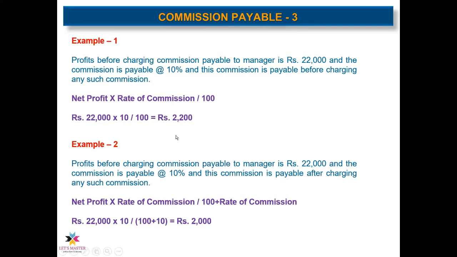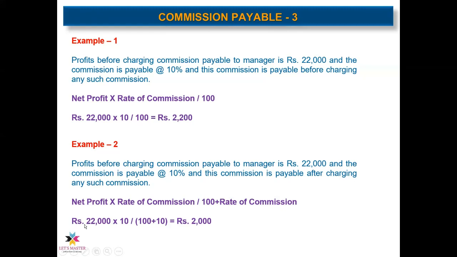Whereas in the second example, the profit before charging commission payable to the manager is 22,000, same as above, and the rate of commission payable is 10%. The only difference in these two examples is, in the first case, the commission is payable before charging any such commission, and in the second example, the commission is payable after charging any such commission. So in the second scenario, the formula that we would use is net profit multiplied by rate of commission divided by 100 plus rate of commission.